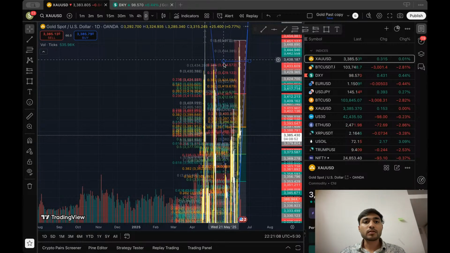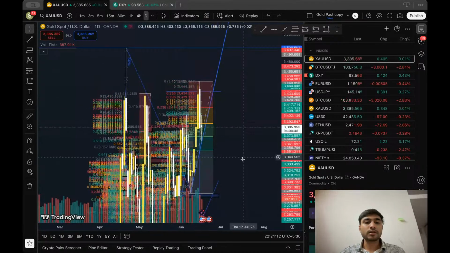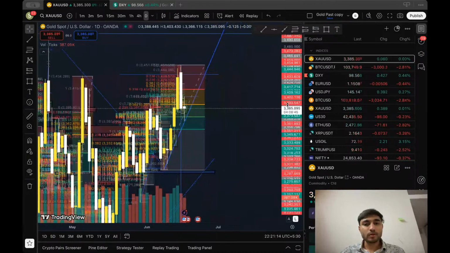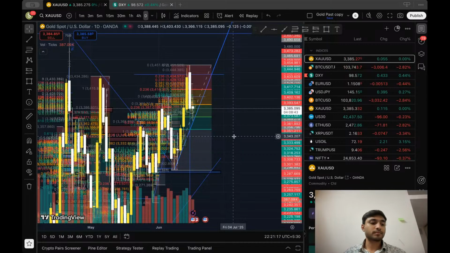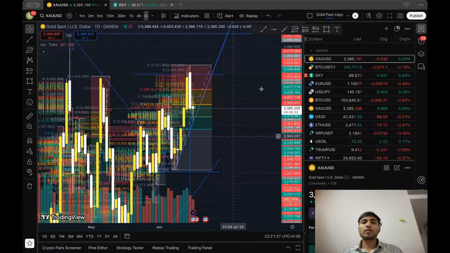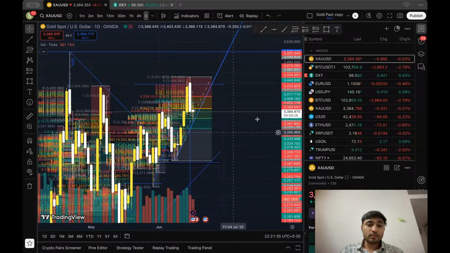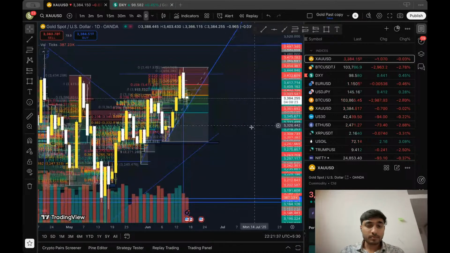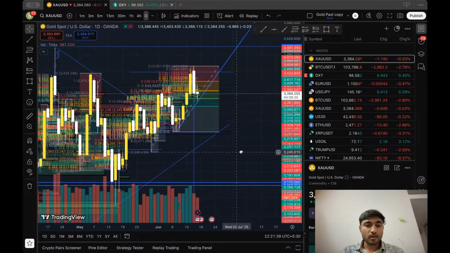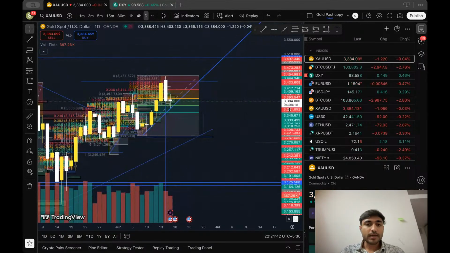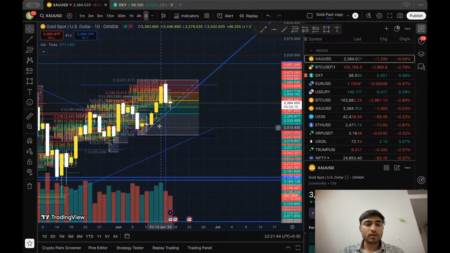Let's start from the daily analysis, right? So, on the daily, let's see what's happening. There is a trend line that we drew a couple of days ago.